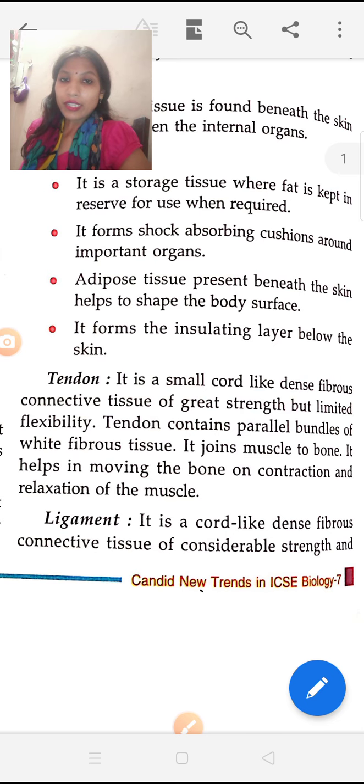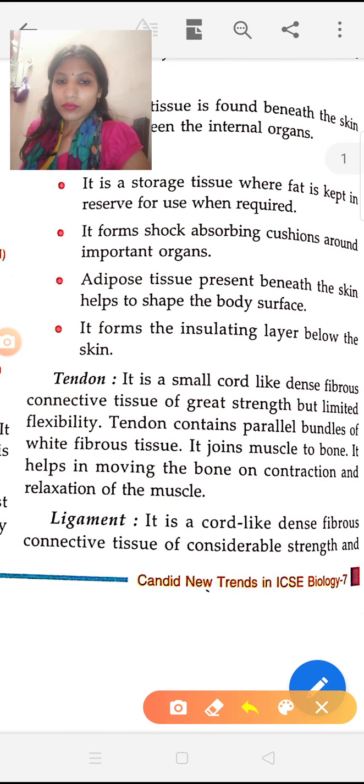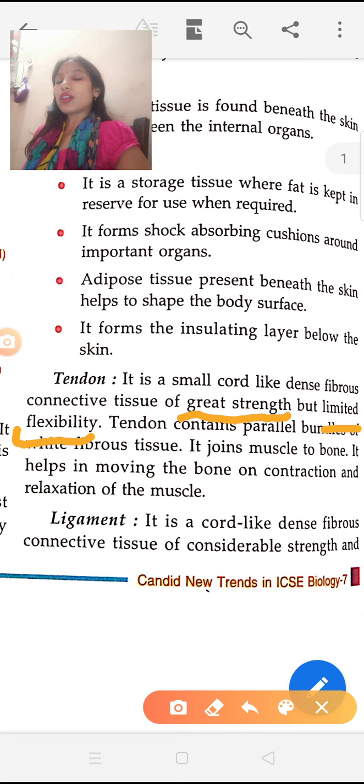And the tendons have great strength but limited flexibility.